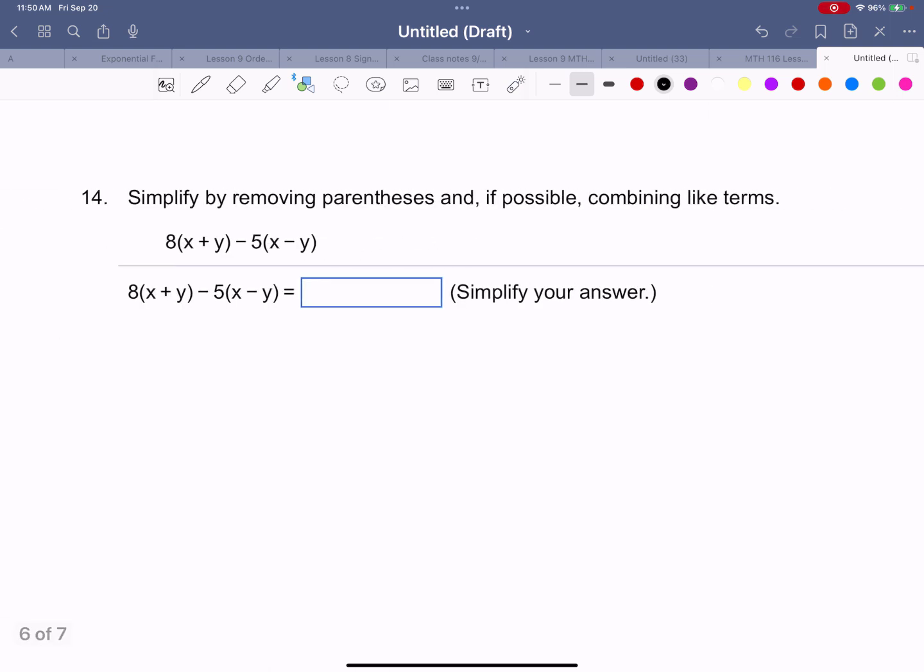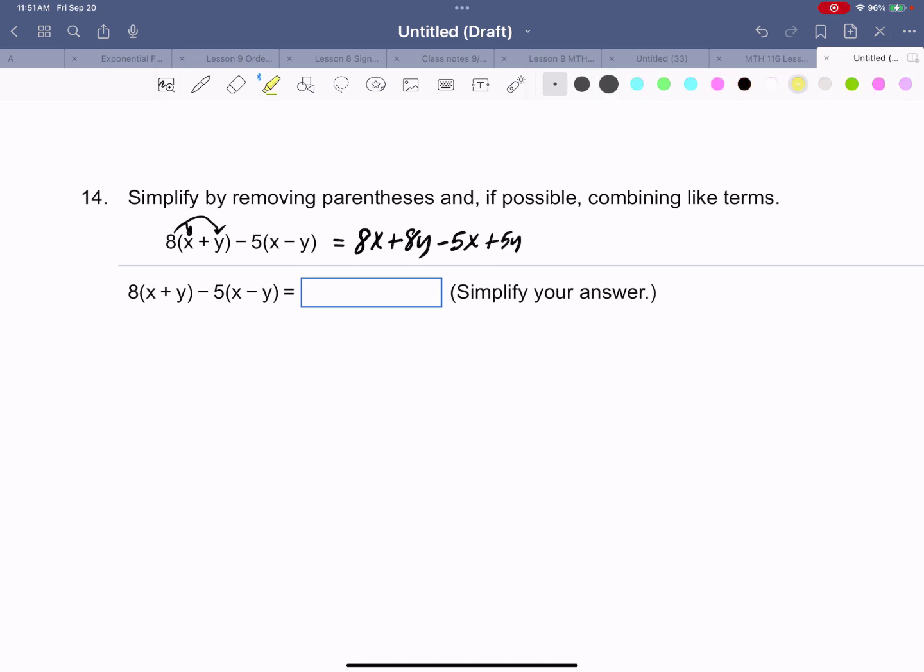Number 14. 8 in parentheses x plus y minus 5 times in parentheses x minus y. So it's going to be 8x plus 8y. Remember, it gets distributed. This is times both. And then be careful. Minus 5x plus 5y.